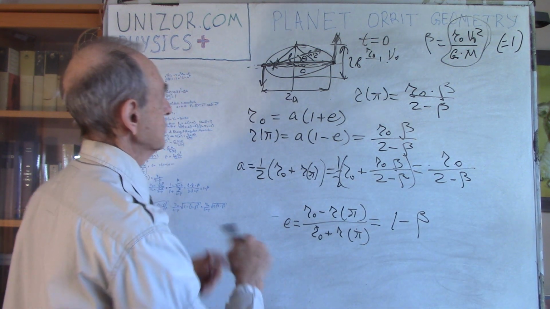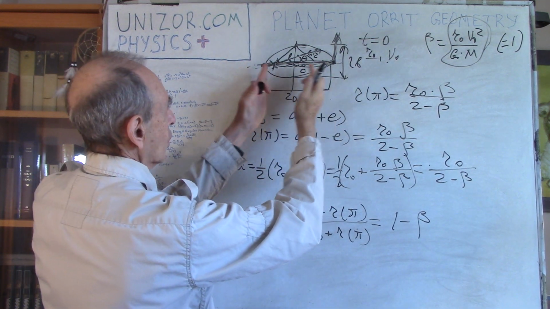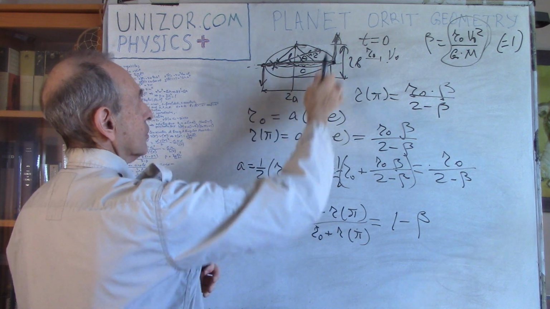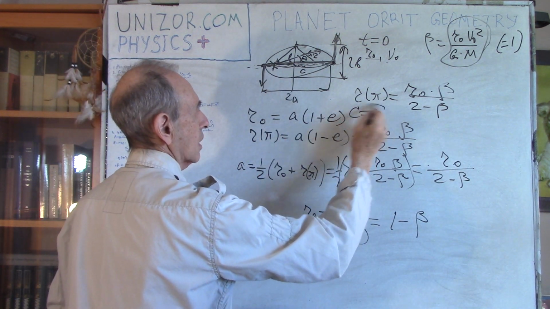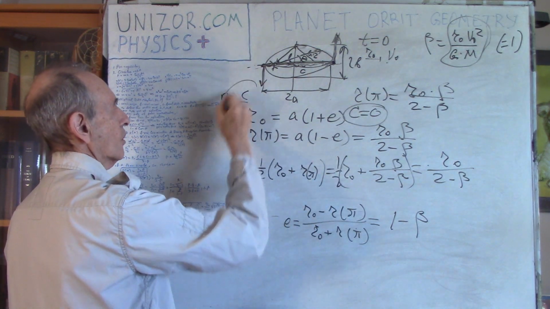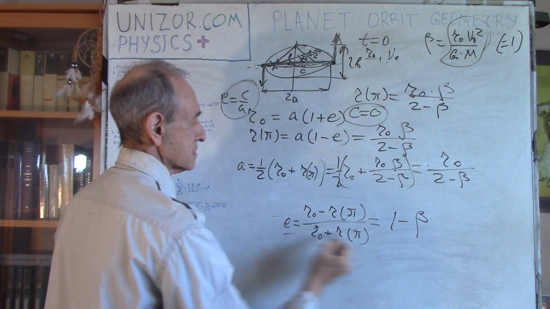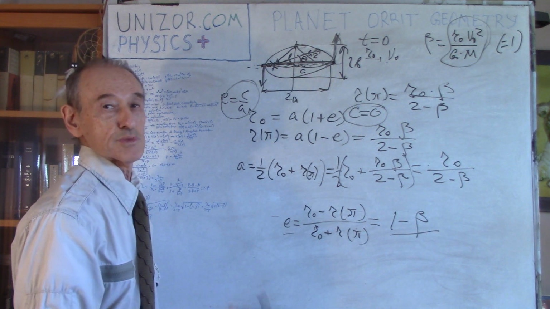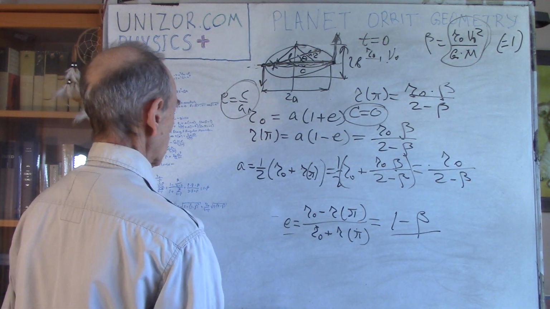And it means basically that these two focal points are closer and closer together, and in the circle both are the same. So C is equal to 0, and therefore E, which is C divided by A, is also equal to 0. So the eccentricity of a circle is 0, and this just confirms this particular observation.